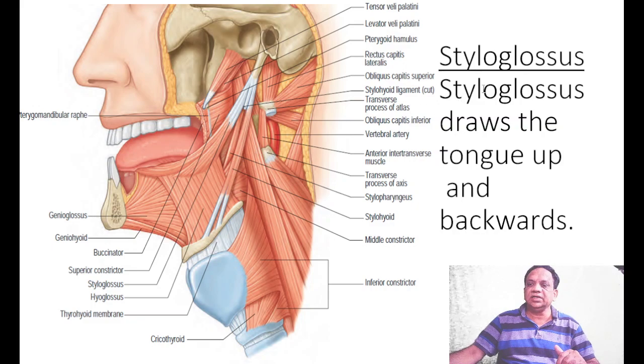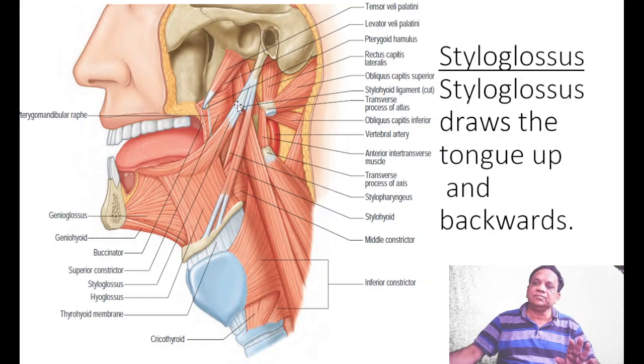Next, you will see the styloglossus, another muscle. You can see the styloglossus from the styloid process. This is the small spine-like process at the base of the skull, and from there a few muscles originate. Other muscles go to the hyoid bone, pharynx, etc. We are not talking about those things, only about its apex.